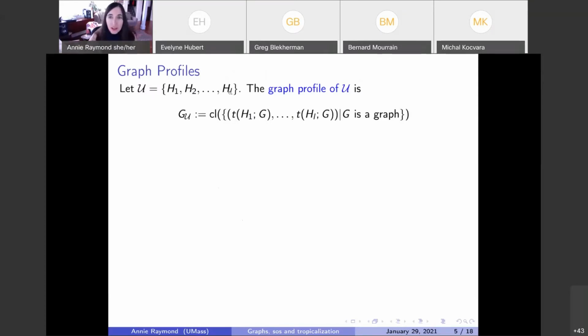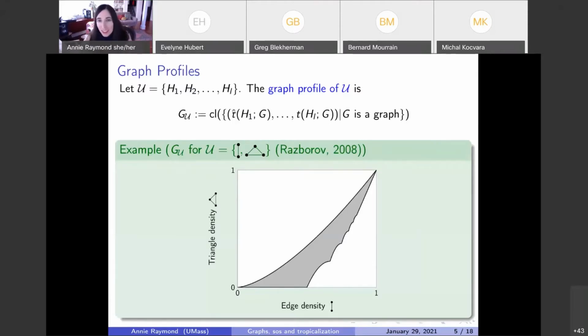Then the graph profile of this list of graphs is the closure of all the vectors of densities of these graphs within some graph G. I take these vectors for all possible graphs G, and then I take the closure. This gives you some shape, and these shapes are pretty complicated. One of the easiest cases you could think about is if my list of graphs is an edge and a triangle.